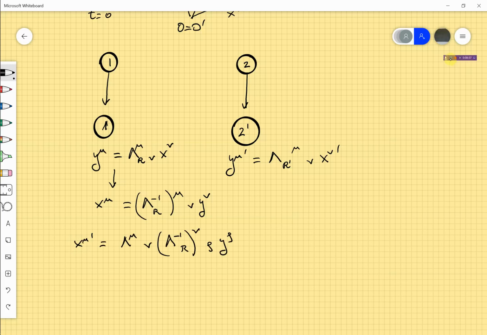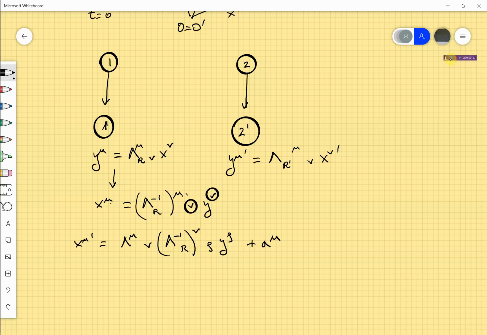This is what I have replaced, but of course I have replaced mu in both sides by nu and this nu by rho in order not to get confused with the indices.